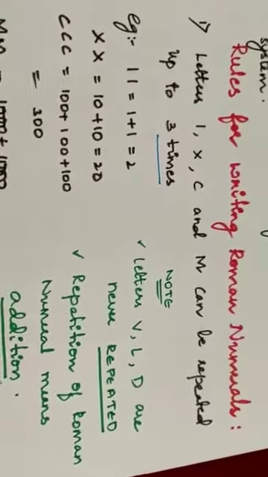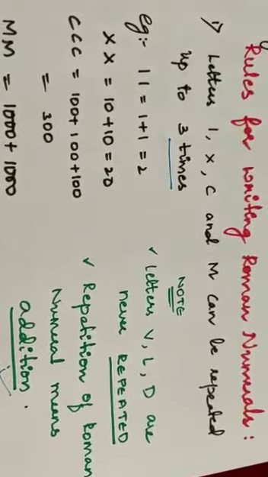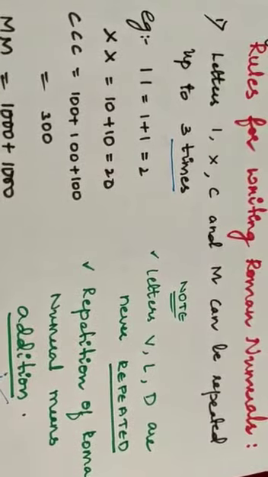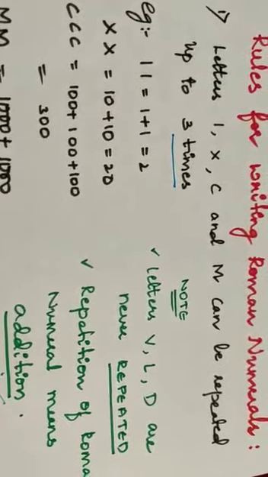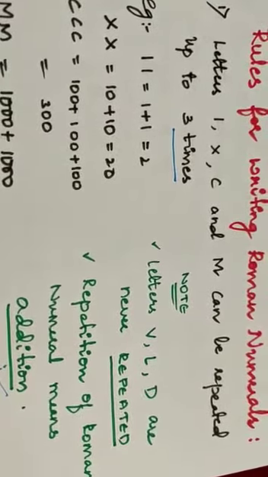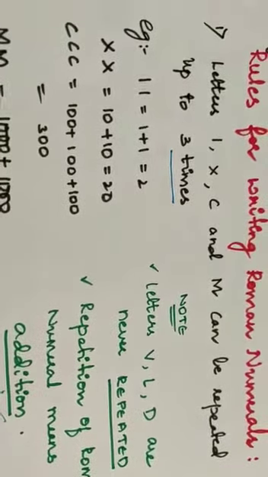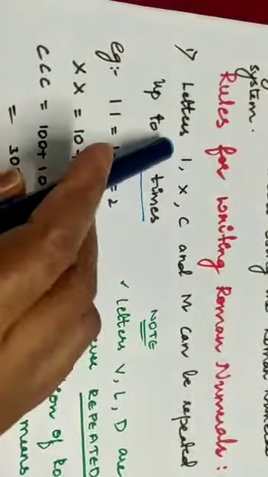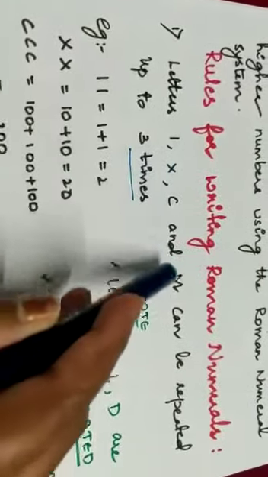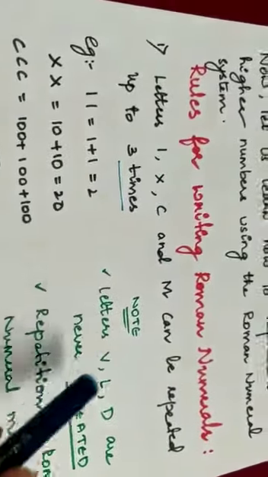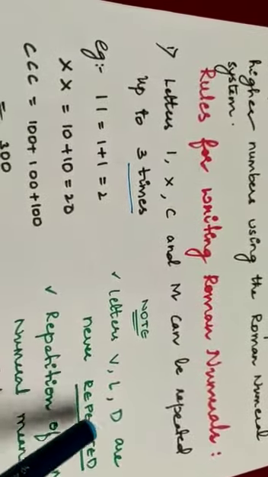Now what is the note given over here? Letters V, L, D are never repeated. Repetition of Roman numeral means addition. It is very clearly mentioned that only I, X, C, M are repeated up to 3 times, but V, L, D are never repeated.